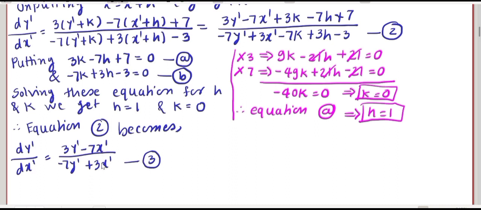This is homogeneous in x' and y' and therefore solvable by the method of equations homogeneous in x' and y'. So in that method, we put y' equal to vx', equation number 4.